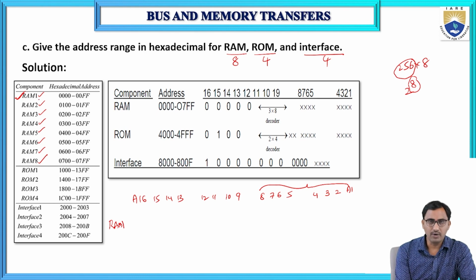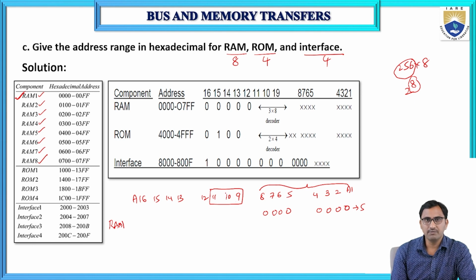For this RAM 1, to get the starting address, you have to consider all address lines as 0. For the ending address, all address lines will be logic 1. So 0, 0, 0, 0, 0, 0, 0, 0 is the starting address. In total we have 8 RAMs. For decoding, we are using 9, 10, 11. These 3 are used for the decoding.